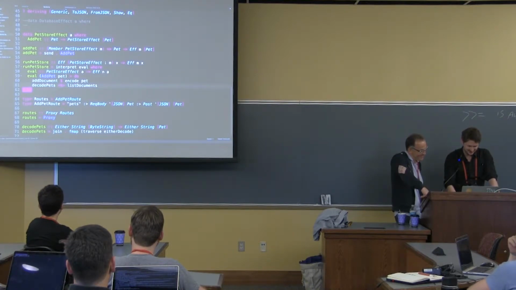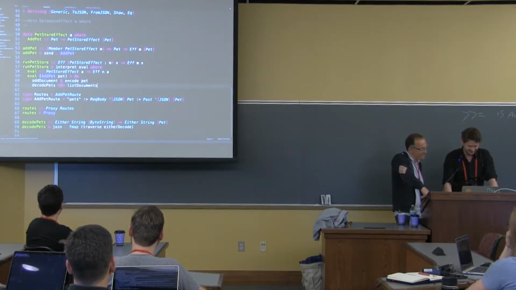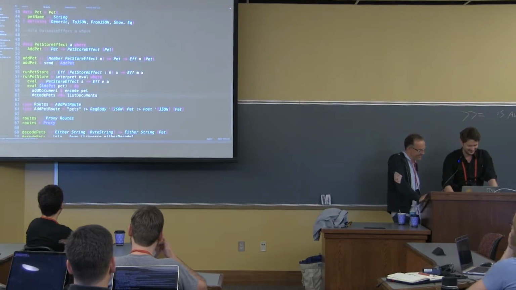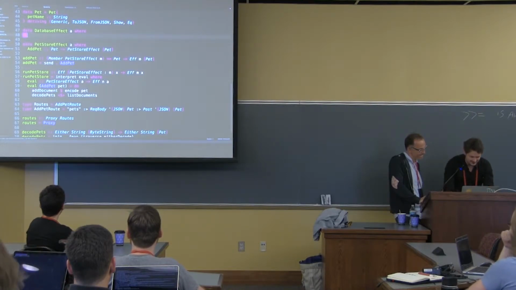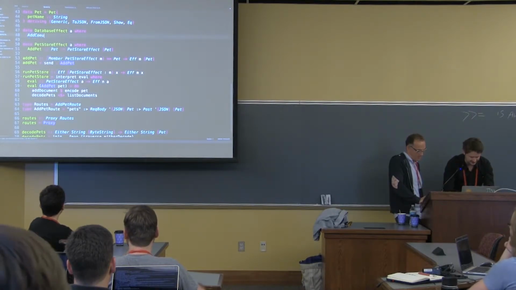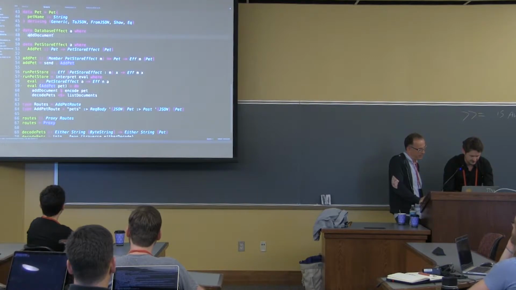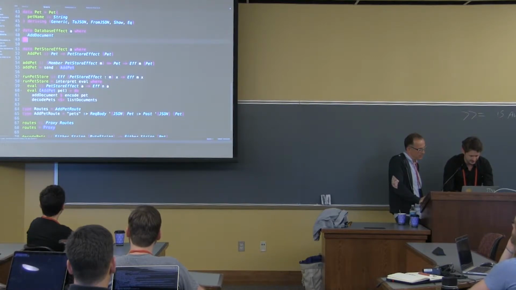So we just decode the pets, right? Haskell is magic, really. Functions appear from the blue. That's just awesome. Cool. So okay, we need two operations. We need add document, and we need list documents.